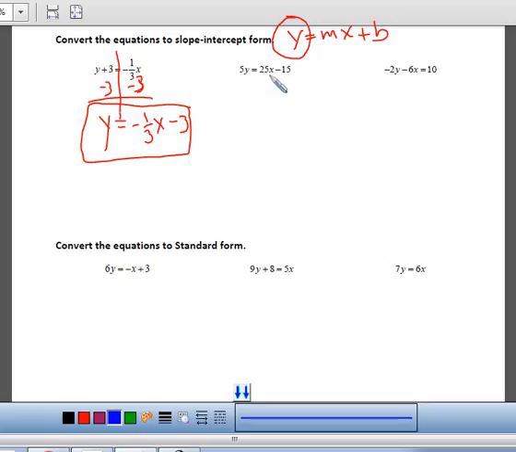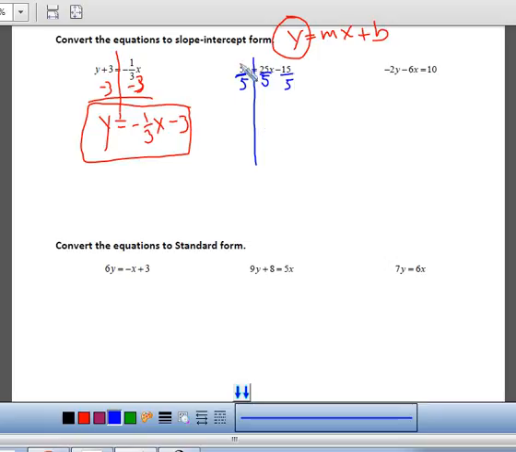Okay, the next one, 5y equals 25x minus 15. So you probably recognize there's a 5 there. So we want to undo that multiplication by dividing. Now whatever we do on one side, we do on the other. Instead of putting one big line and a 5 under it, I'm actually going to put a line under each term, because I basically want to divide everything by 5.